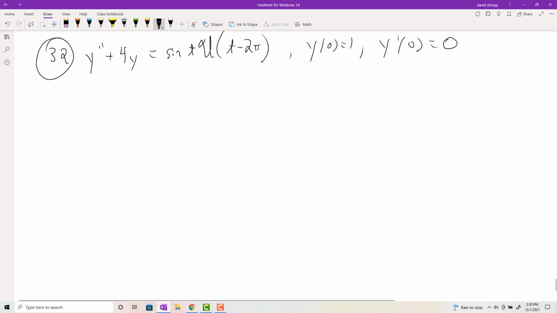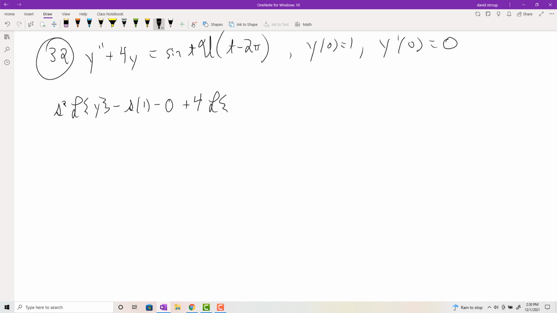Okay, Laplace transform of everything, so I have s squared Laplace of y minus s times y of 0, that's 1, minus y prime of 0, which is 0, plus 4 Laplace of y, and then the Laplace of this thing, I can pop out an e to the negative 2 pi s, and then I'm left with the Laplace of sine of t plus 2 pi. Right, so t plus 2 pi.